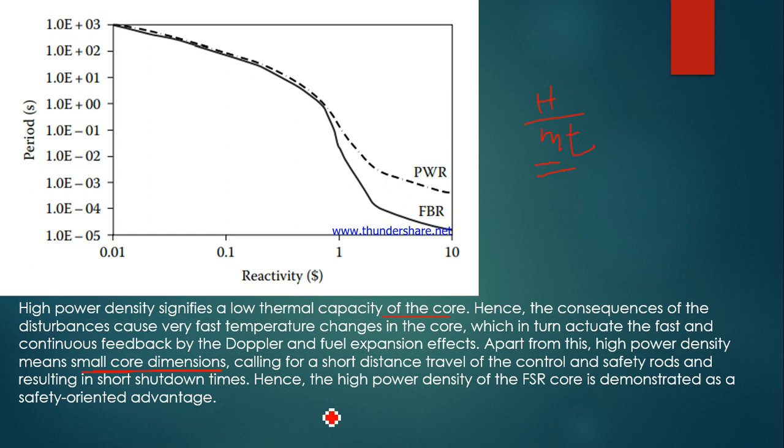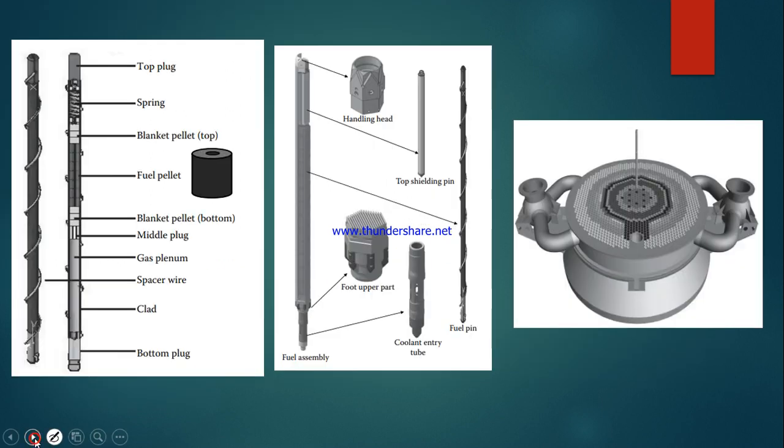So even though it's a limitation, a disadvantage, we can take this disadvantage for the better control of the reactor. So that's why the high power density of the fast reactor core is demonstrated as a safety oriented advantage. This kind of disadvantage, a special feature of the fast reactor, can be taken in consideration to augment the safety of the fast reactor.